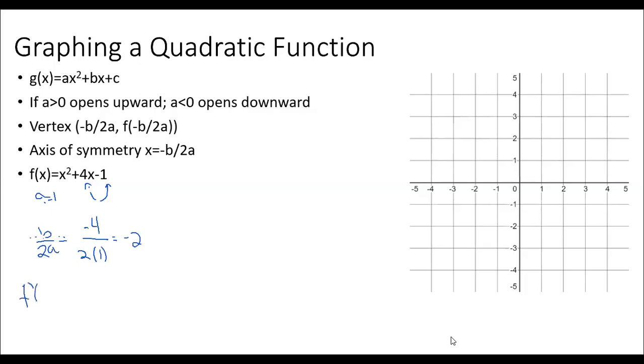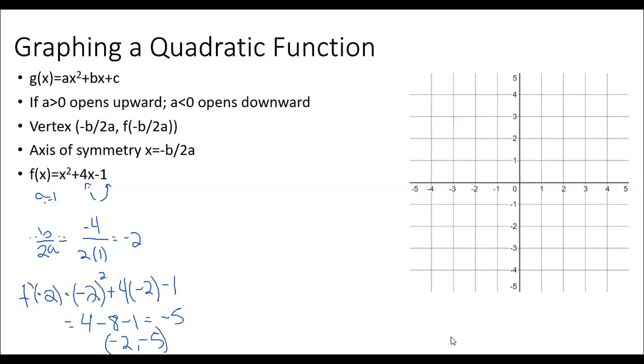So we want to do f of negative 2. So this is going to be negative 2 squared plus 4 times negative 2 minus 1. So negative 2 squared is 4 minus 8 minus 1. So this is equal to negative 5. So our vertex now is at negative 2, negative 5.